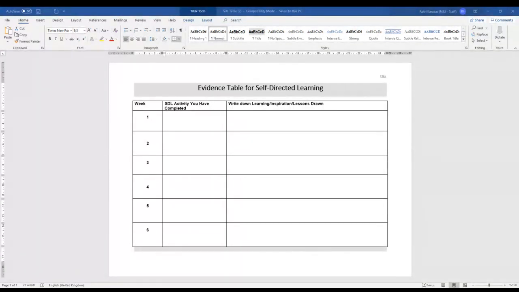So that is your seminar 6 activity, the self-directed learning table. And you should have 6 activities, okay? Is everything clear? Do you have any questions?